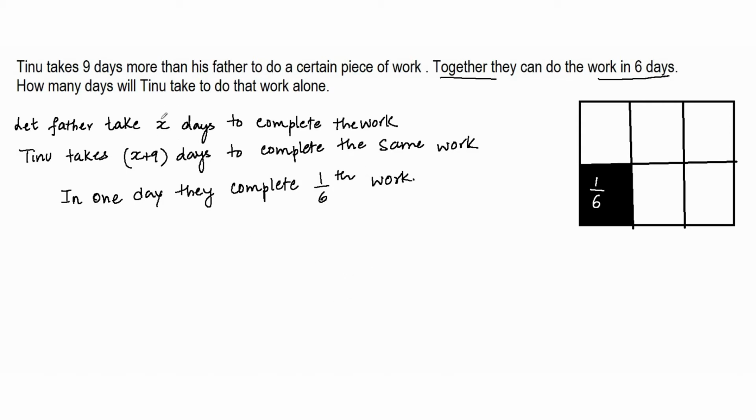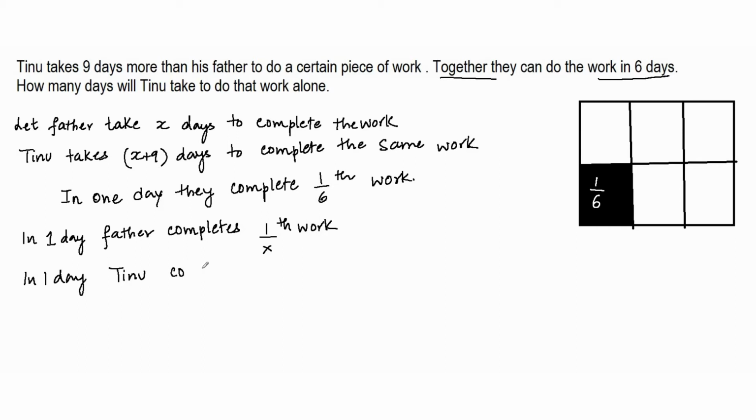So now if father takes x days alone to complete the entire work, I can say that in one day the father completes 1/x of the work, and in one day Tinu completes 1/(x plus 9) of the work, right?